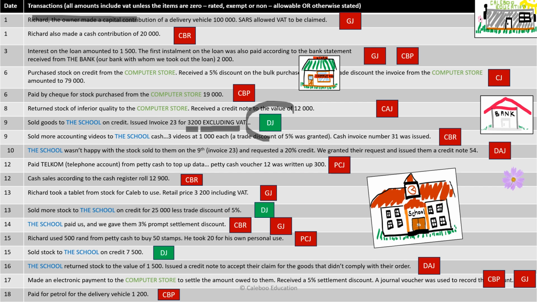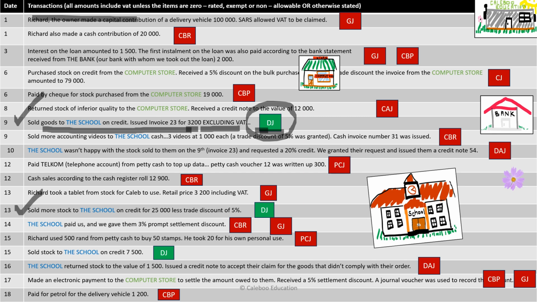I've already identified which transactions go into the debtors journal, so I've marked it in green. Sold goods to the school on credit. Issued invoice 23 for 3,200. So there's a transaction on the 9th that needs to go into the debtors journal. And the debtors journal is a journal that records credit sales.